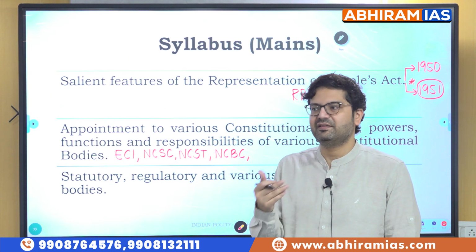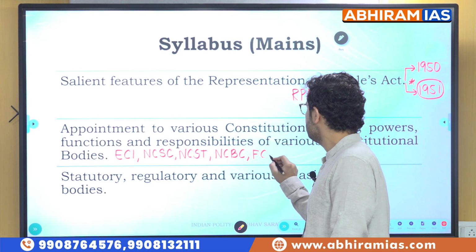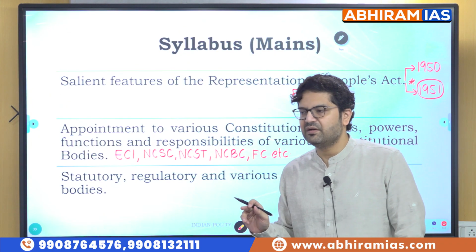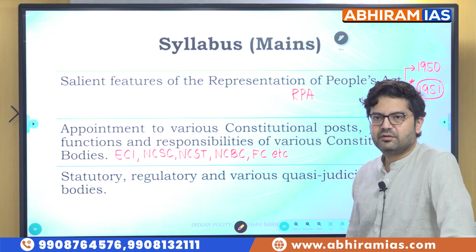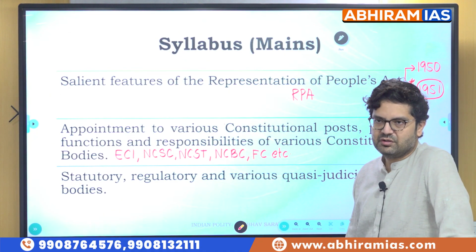Backward is not caste, classes. Then a body called Finance Commission, etc. All these constitutional bodies will be covered under this topic. Okay, so these are all examples of constitutional bodies.